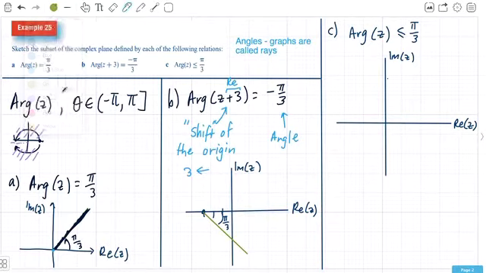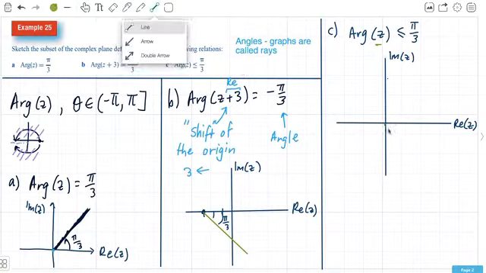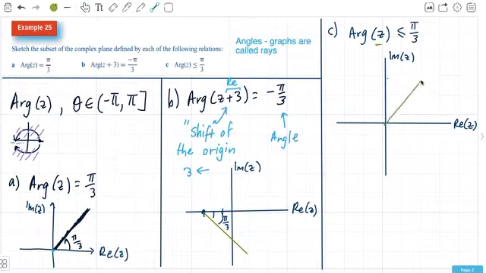Let's have a look. Pi on 3, there's no translation here, so we're going to be starting at the origin. Pi on 3, remember, is an angle, a ray going sort of this direction, 60 degrees, so a little bit more than 45 degrees. Now we have an equal sign here, it's a less than or equals to, so this will be a solid line.